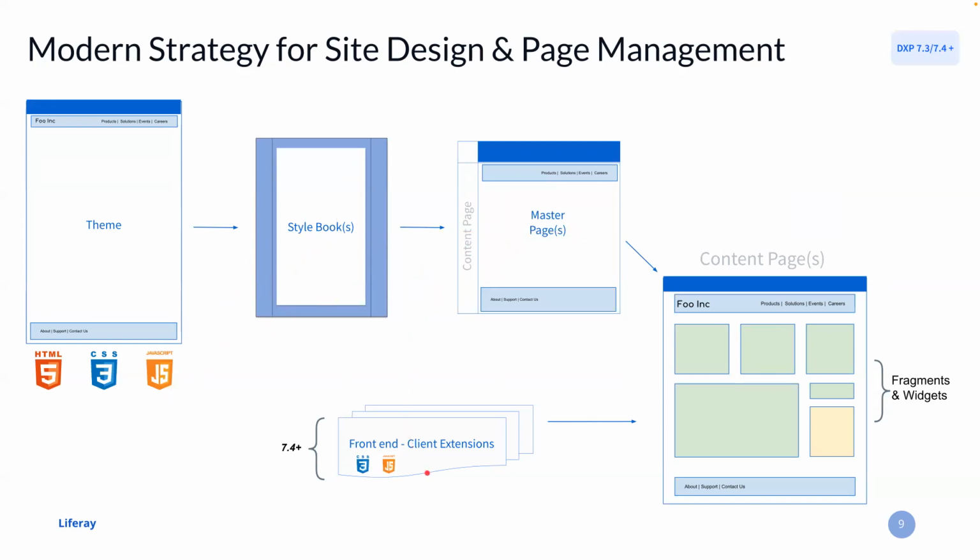If we go to 7.4, front-end client extensions were a way that we could provide third-party libraries, CSS and JavaScript. So we would have our theme. Let me back up one second here.